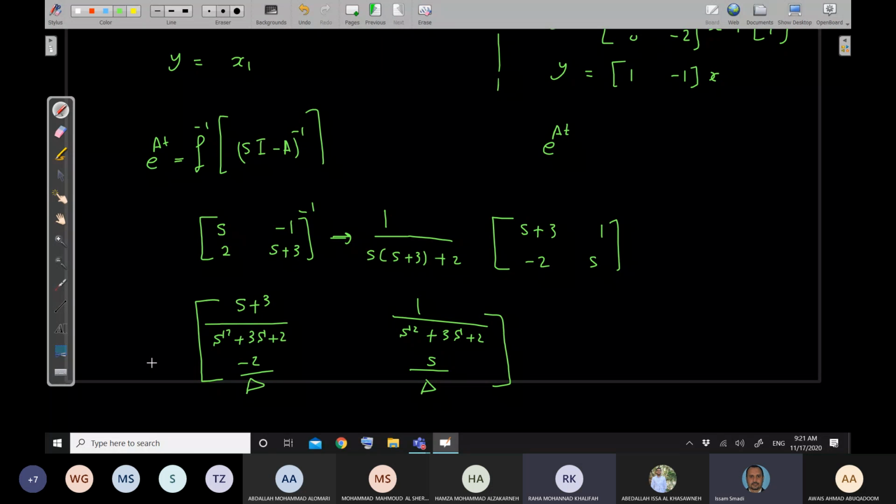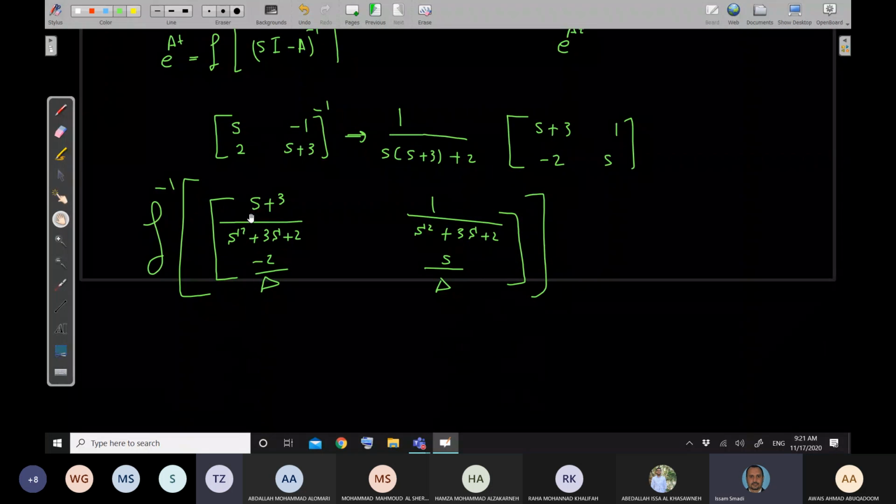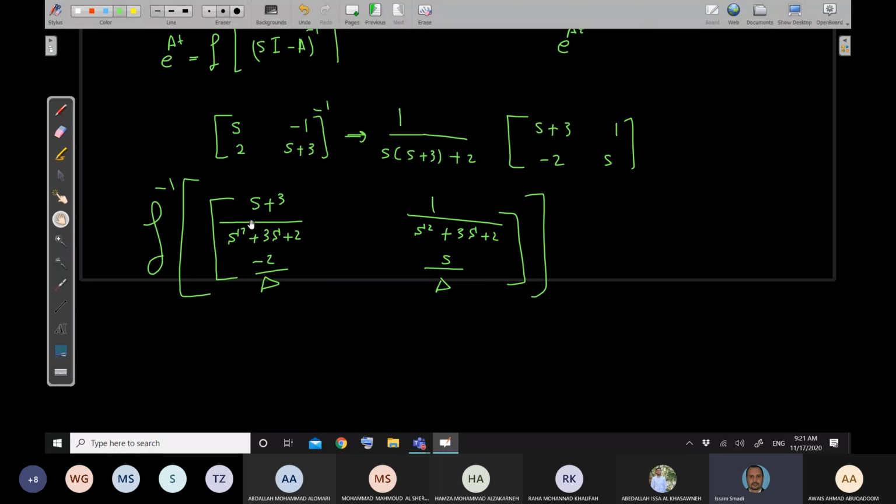Can you find the Laplace inverse for this? Yes, of course you can. You are evaluating the Laplace inverse for four terms: the first, the second, the third, and the fourth.